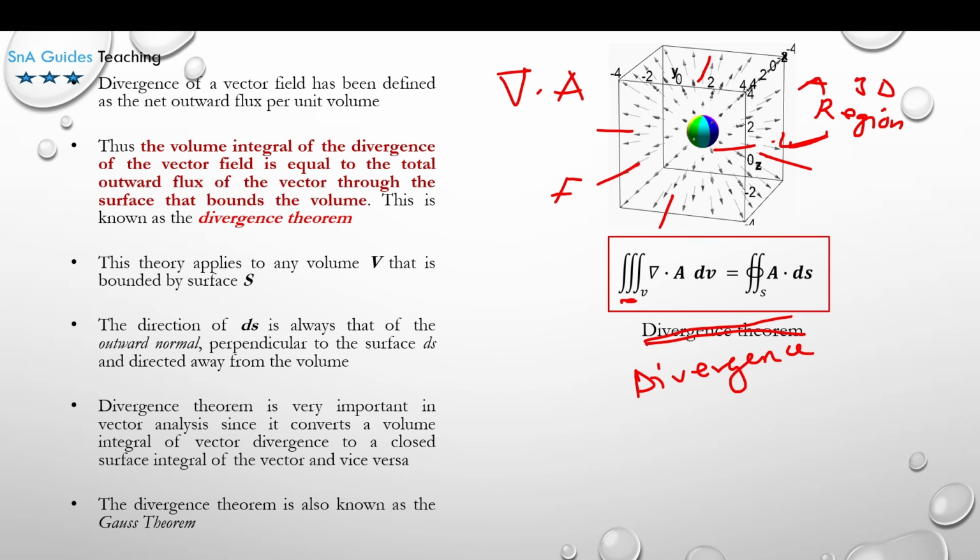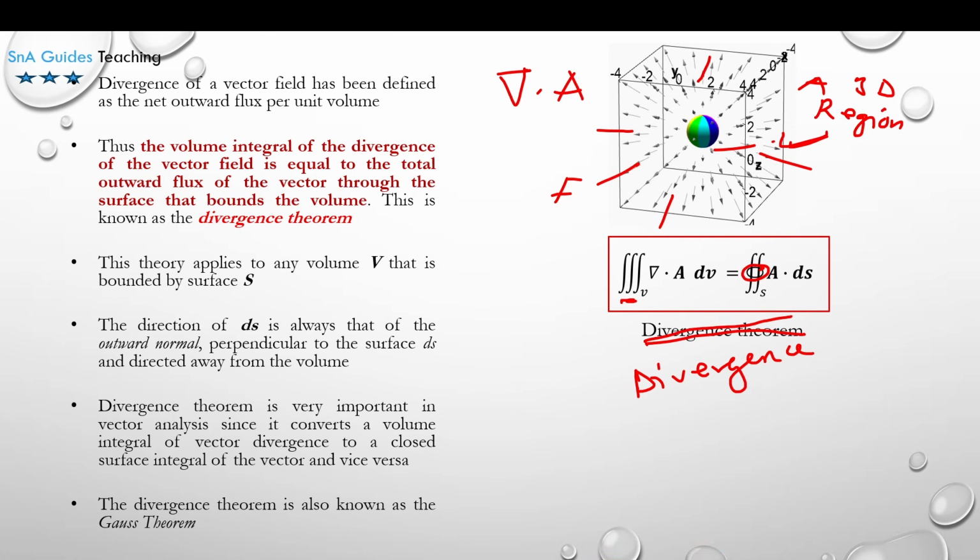Okay, so the circle on the integral sign here means the surface is closed. It completely encloses the volume, like the skin of a balloon that has no holes.